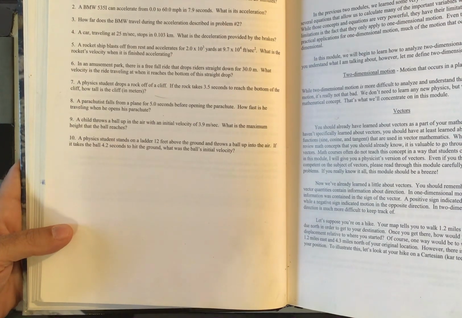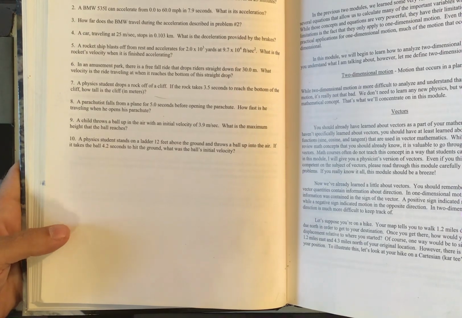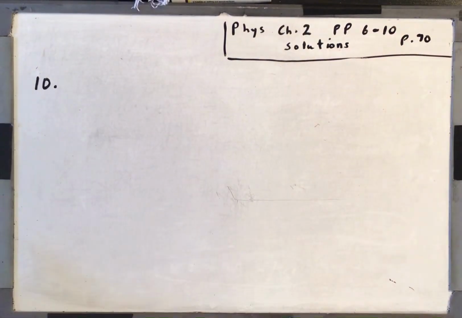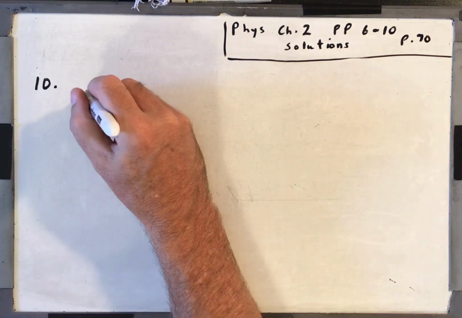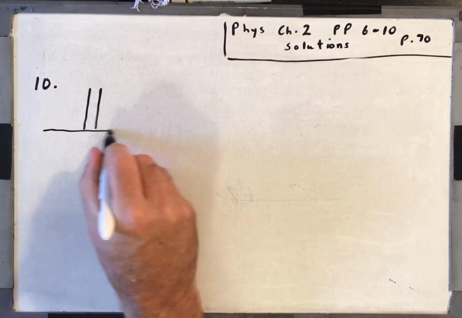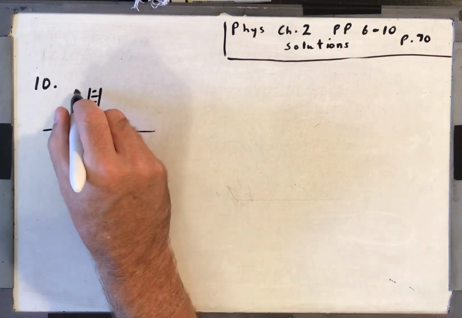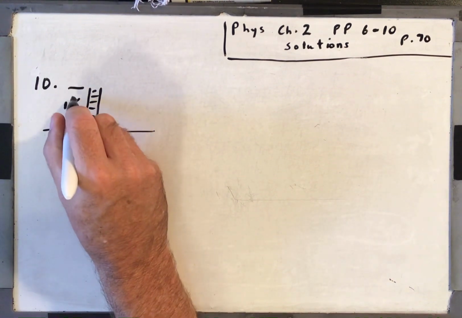If it takes the ball 4.2 seconds to hit the ground, what's the ball's initial velocity? Okay, so if the ladder is 12 feet, so here's the ground, got a ladder. The ladder is 12 feet.